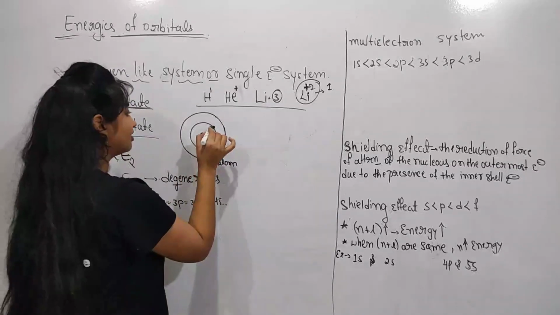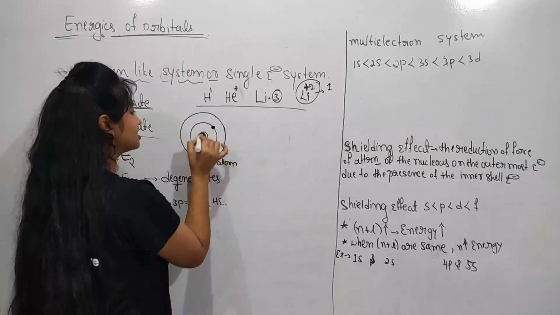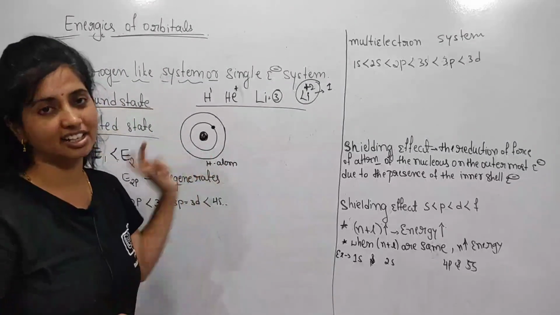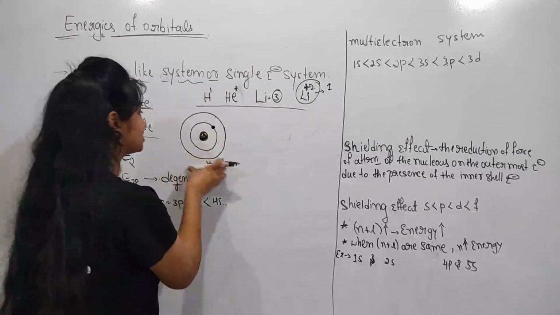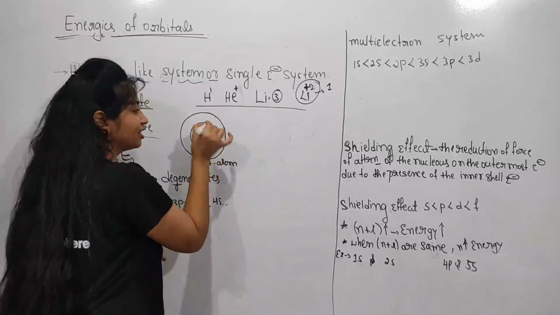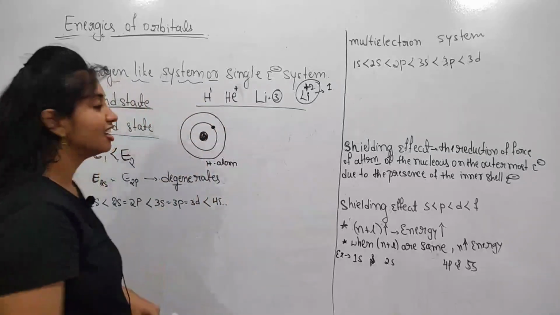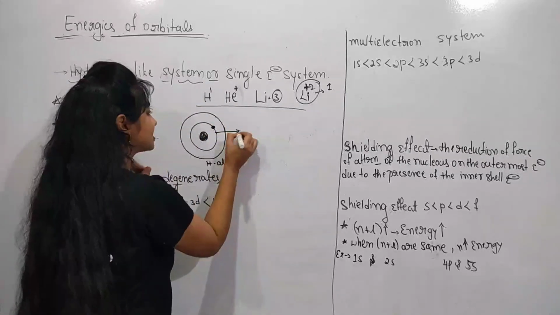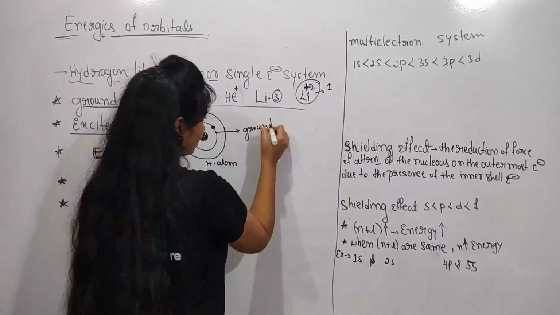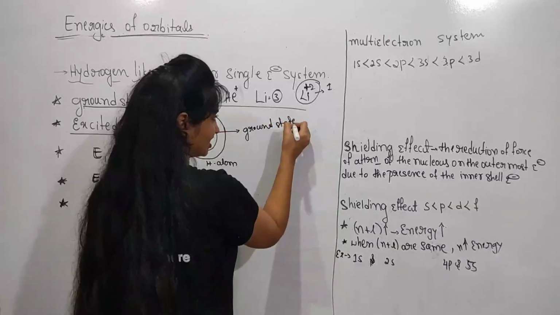It has a great attraction to the nucleus and it is in the most stable condition. This state of the hydrogen atom, with the electron in the first shell, is called the ground state.